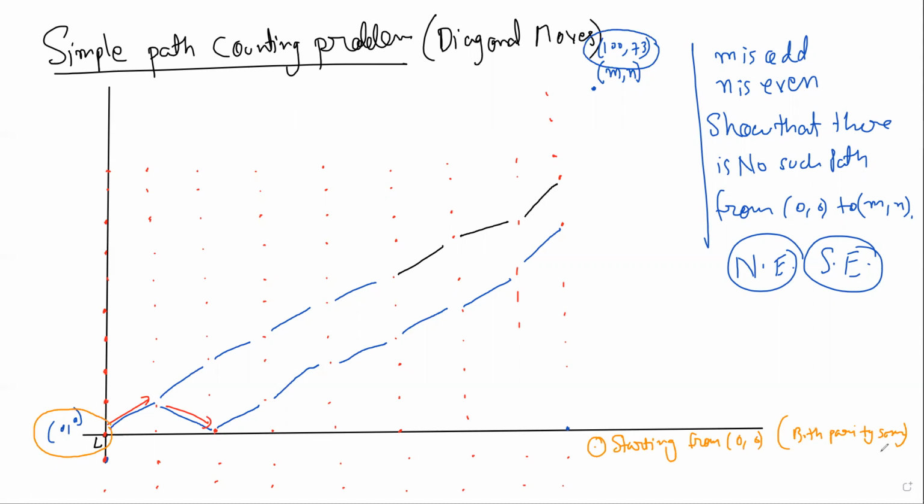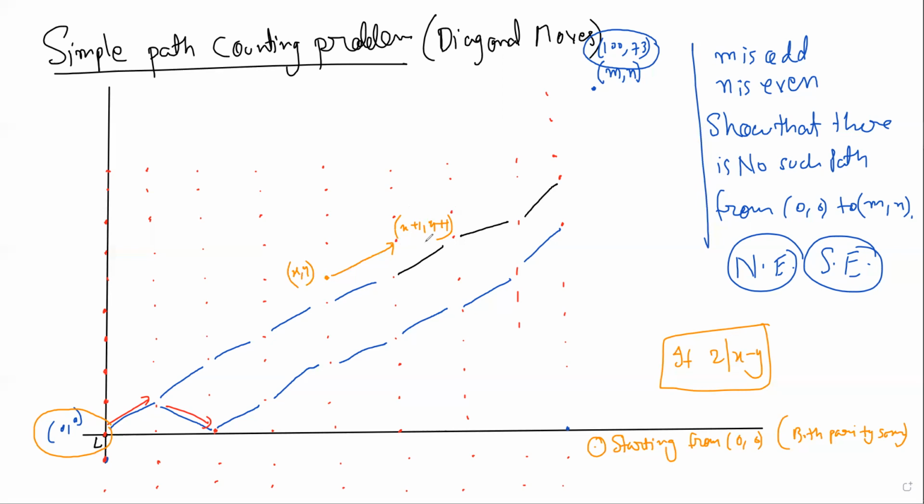If you are at any point x comma y where both have the same parity, if x and y are both even or both odd, which basically means 2 divides x minus y, then if you use any of these two moves, if you go here, what is the parity of x and y?